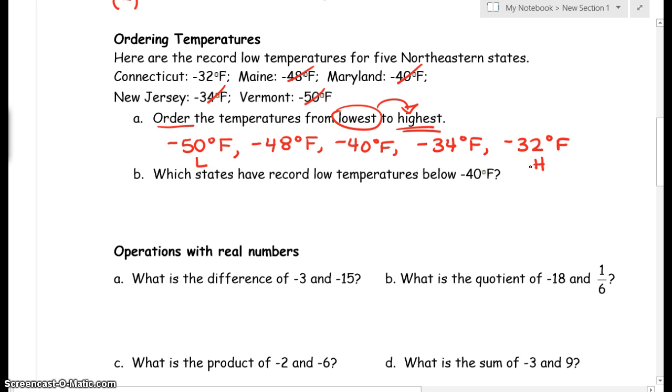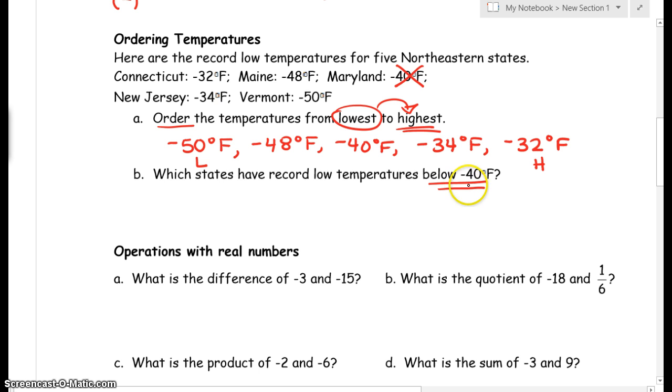All right, it says, which states have record low temperatures below negative 40 degrees? Okay, I'm going to erase these so we can see our temperatures one more time. Well, it doesn't say at negative 40 degrees. So therefore, this negative 40 degrees of Maryland is out the window. So, sorry, not included.